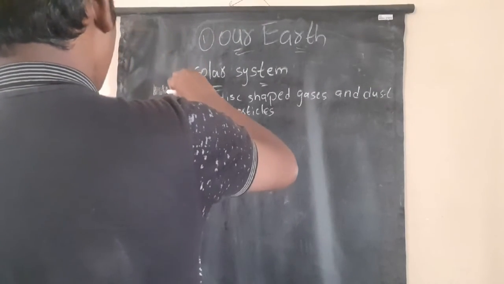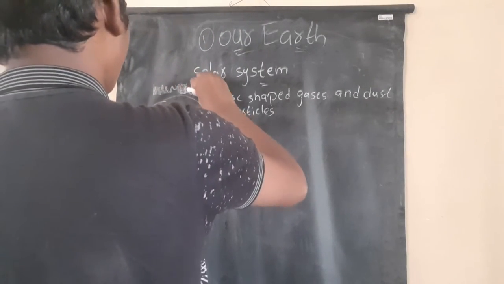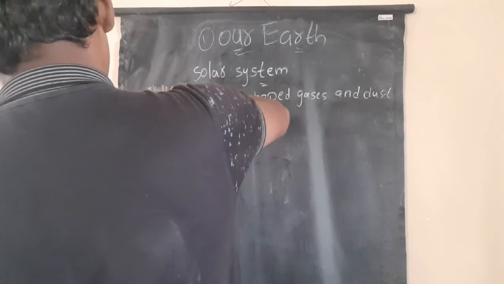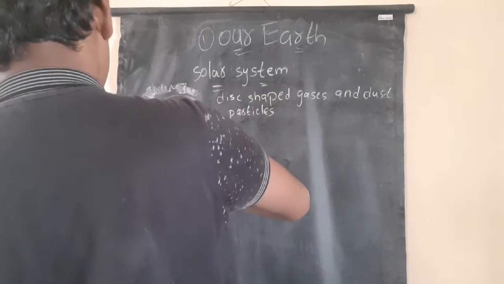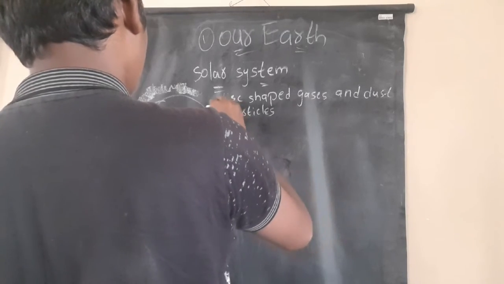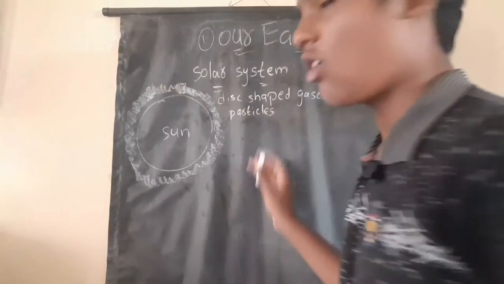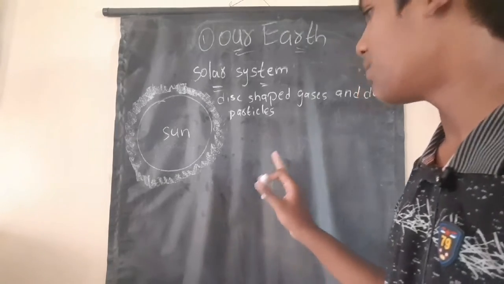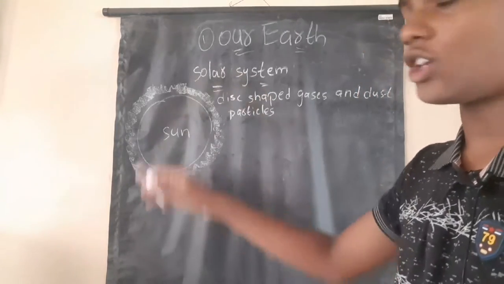After the Big Bang blast, they all formed around the sun. The gases and all the dust particles formed a disc shape around the sun.